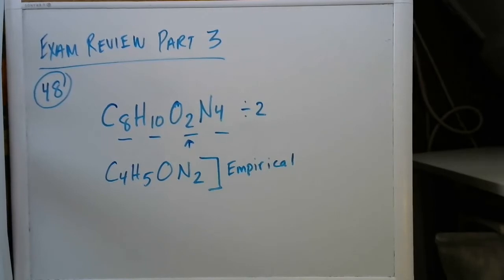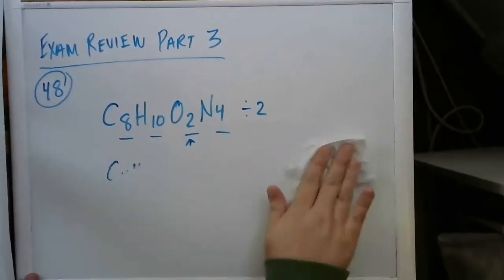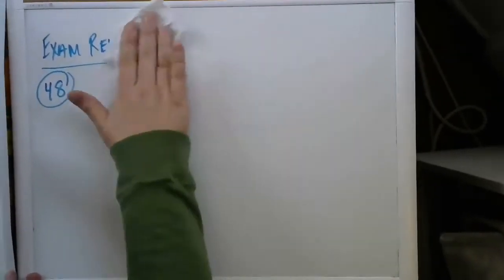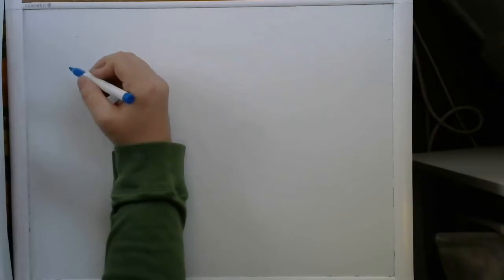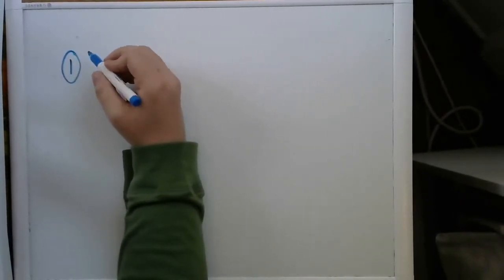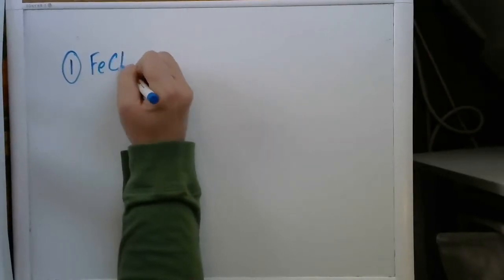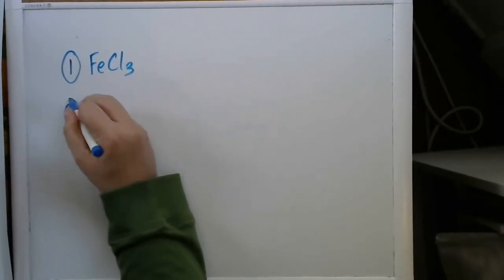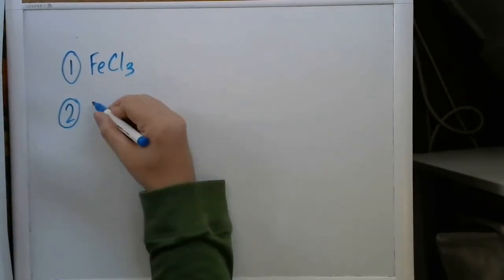Okay. All right. Question number 49. Which of the following compounds are incorrectly named? Okay, so we're going to go through each one. The first one is FeCl3. The second one is HgCl2.